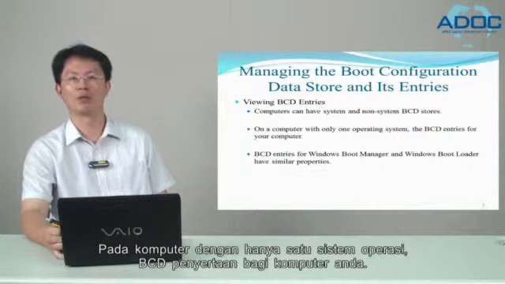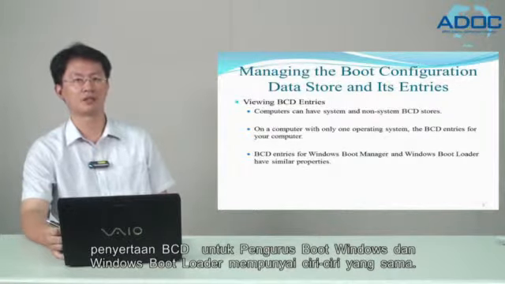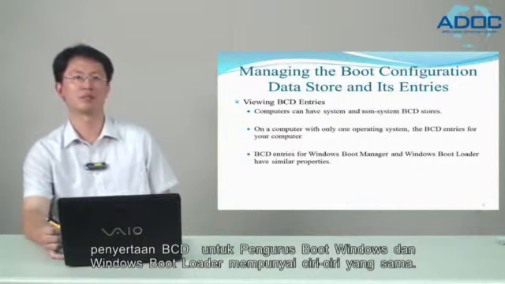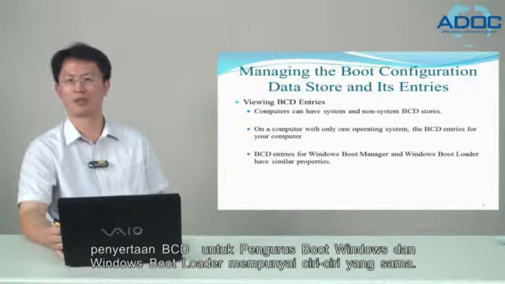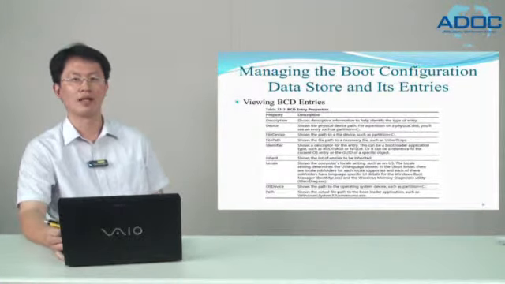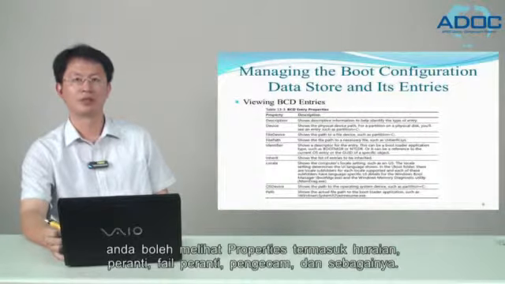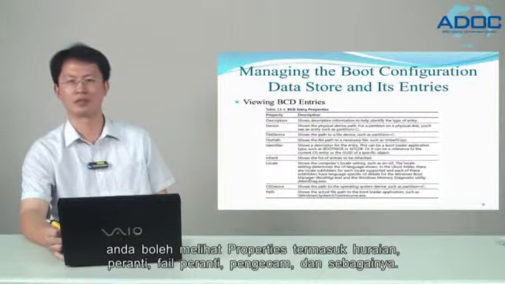On a computer with only one operating system, the BCD entries for Windows boot managers and Windows bootloaders have similar properties. These properties include those summarized in the BCD entry property table. And you can see the properties include description, device, file device, identifier, etc.